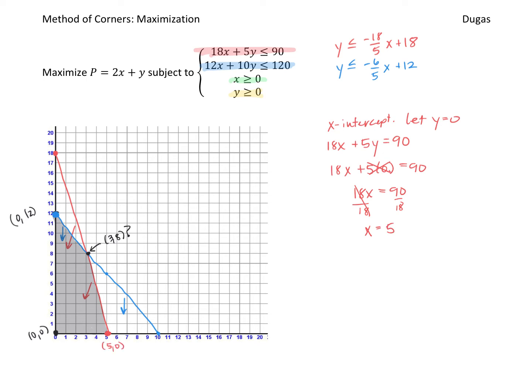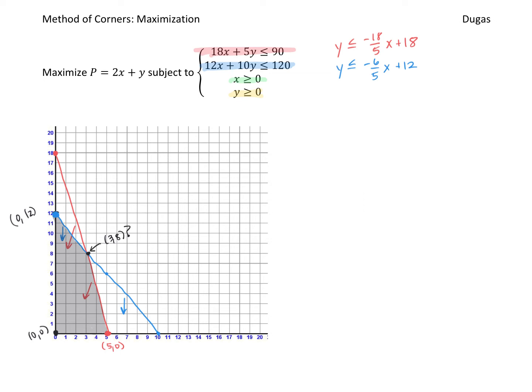Okay, so now I just have this last point here. I think it's 3, 8, but I want to check. Notice that that point is the intersection of the red and the blue lines. So that is where those two lines intersect. And if you remember from a previous lesson, you can find the intersection point by solving the system of equations.